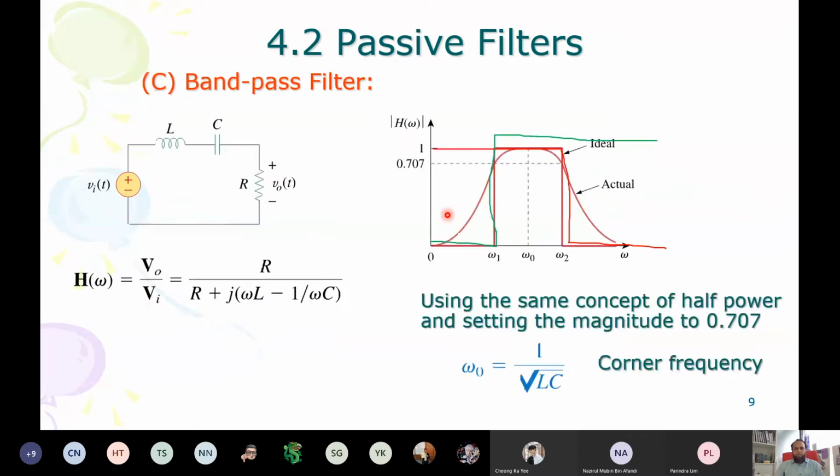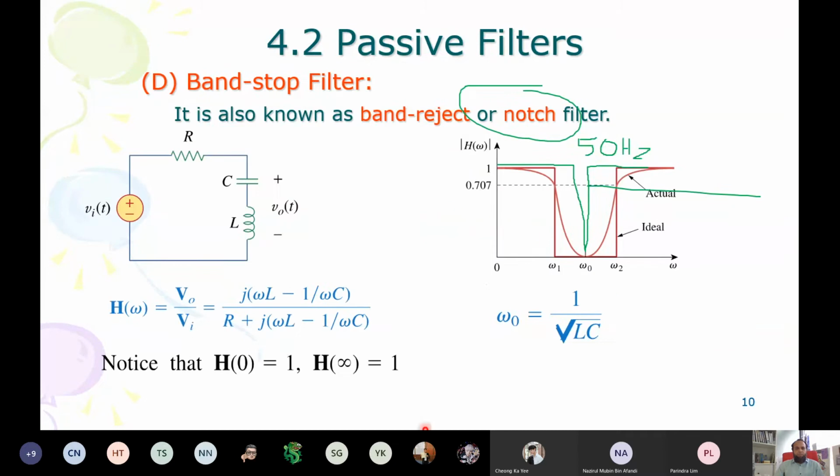Where were we? Band pass. Similarly band stop, we can just do the same math. So this is our procedure to proceed for the question, that we put omega 0, omega infinity, find the magnitude, then we can decide what type of filter it is. And once we have the type, we know how to find the center frequency.